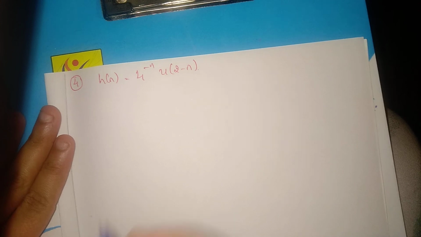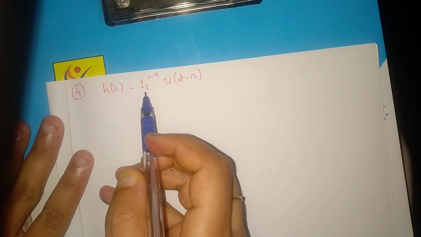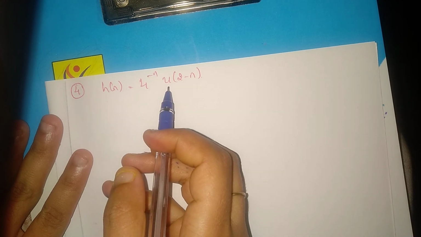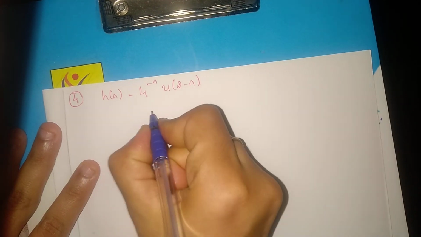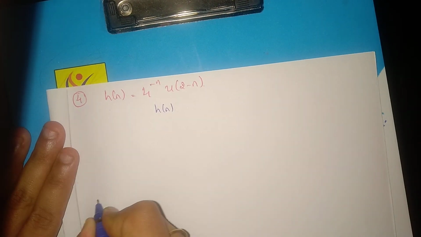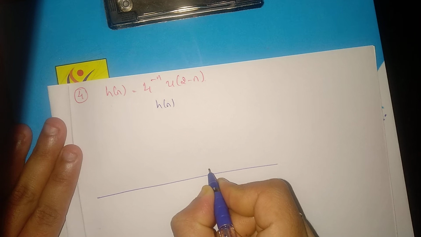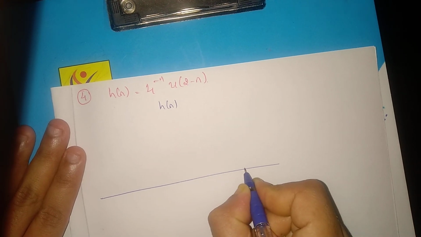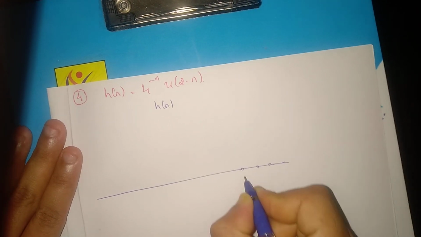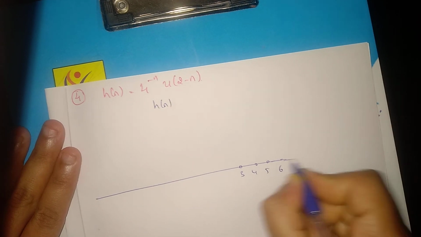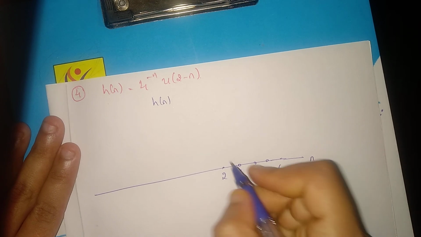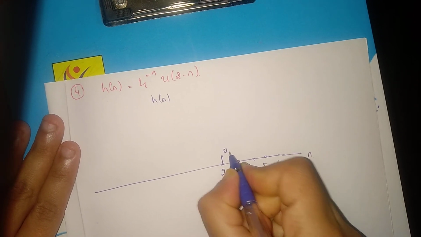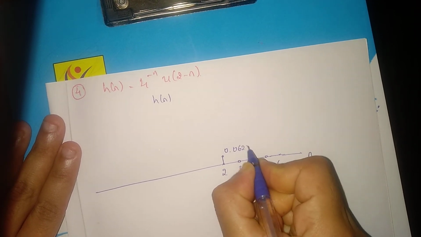The next problem here is we need to check if the system is stable and causal. H of n is given 4 to the power of minus n, u of 2 minus n. So if we plot this h of n, this looks like, for the values of 3, 4, 5 and 6, we have an amplitude of 0. But for 2, we have an amplitude of 0.0625.